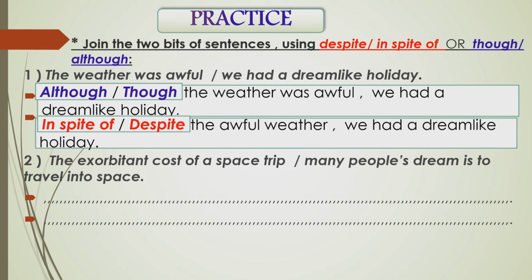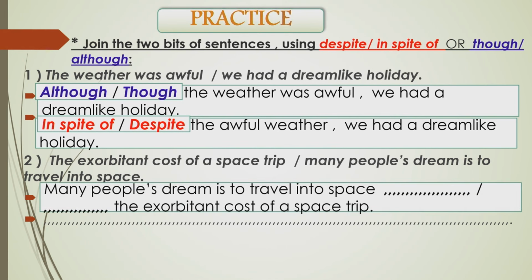Now, when it comes to the second example, you have certainly noticed that here we have a clause and we have a sentence in the second bit. So let's together try to express contrast using these conjunctions, despite or in spite of, or though and although.